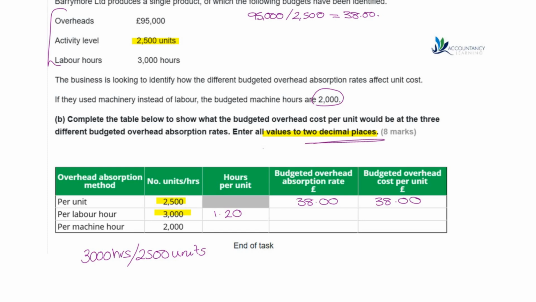Our budgeted overhead absorption rate will then be the 95,000 divided by the total labour hours of 3,000, which gives us 31.67 to 2 decimal places.